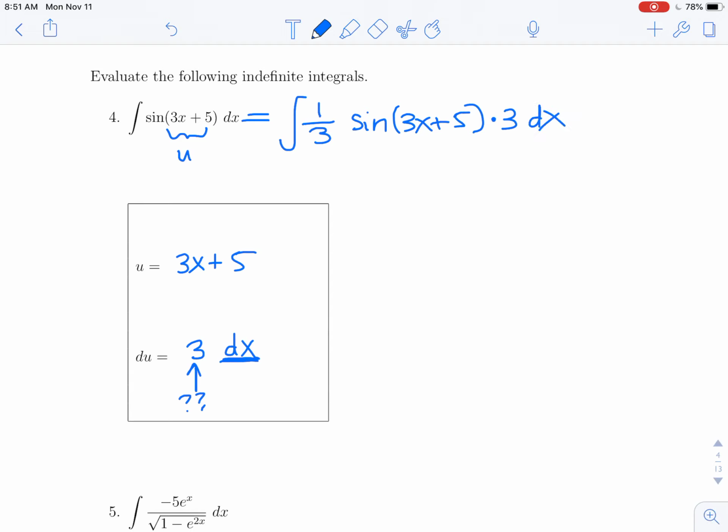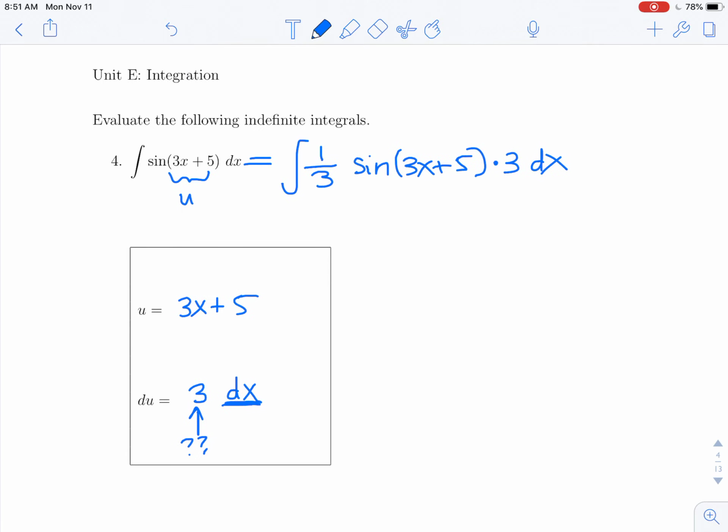I didn't change anything, right? Because 1/3 times 3 is equal to 1. So I haven't messed anything up here by throwing in a times a third and a times 3. And the advantage of doing this is that now I can find my du.